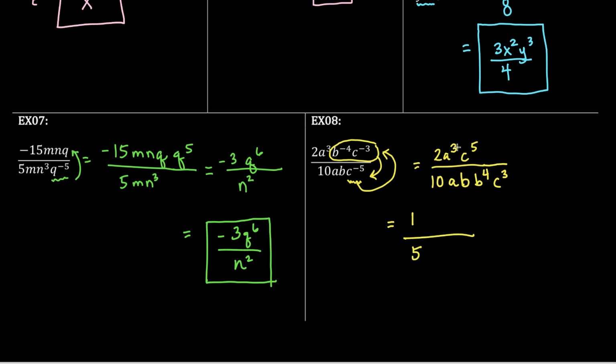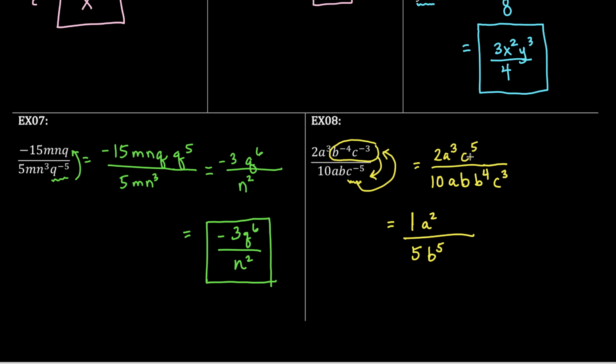We have 3 a's on top, 1 a on bottom, so we have 2 left over. And then we have b on the bottom. I just go in order, so a, b. B on the bottom, none on the top. But how many do we actually have on the bottom? We have 1 and then 4, so we have 5.